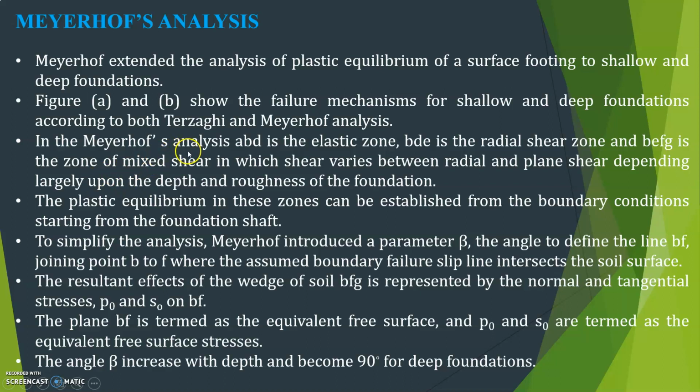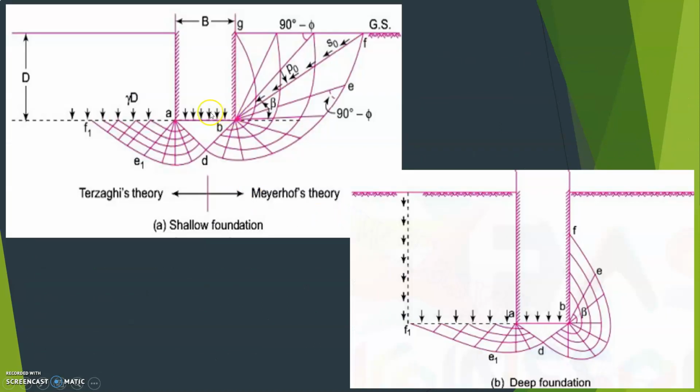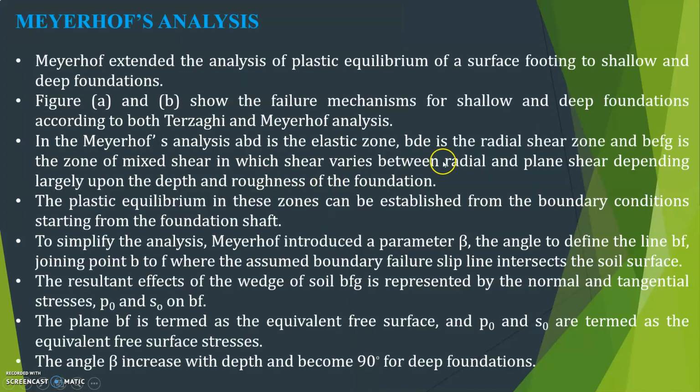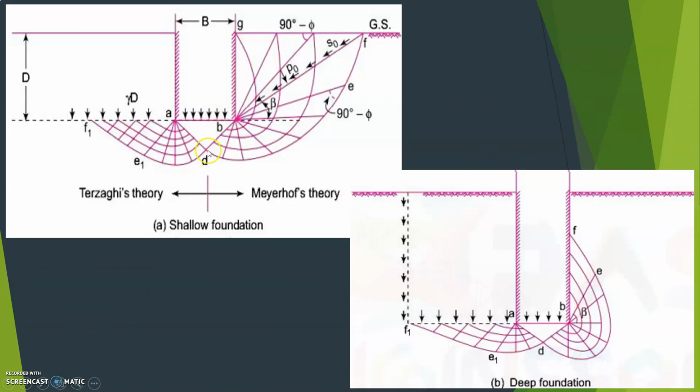In Meyerhof's analysis, ABD is the elastic zone, and BDE is the radial shear zone.